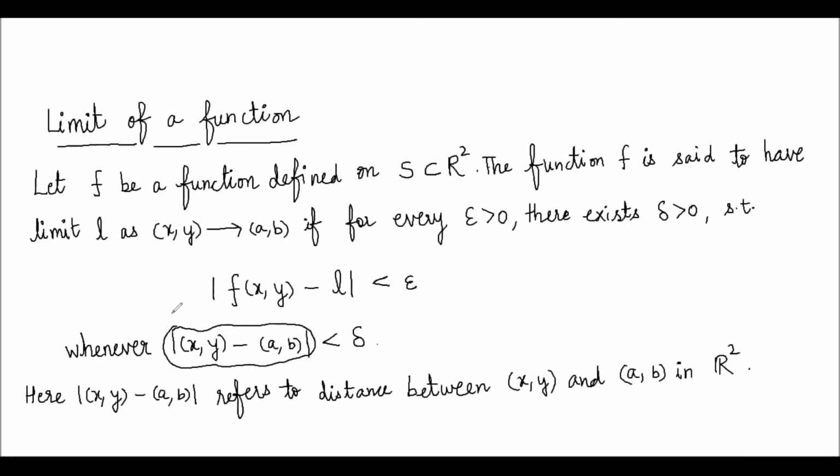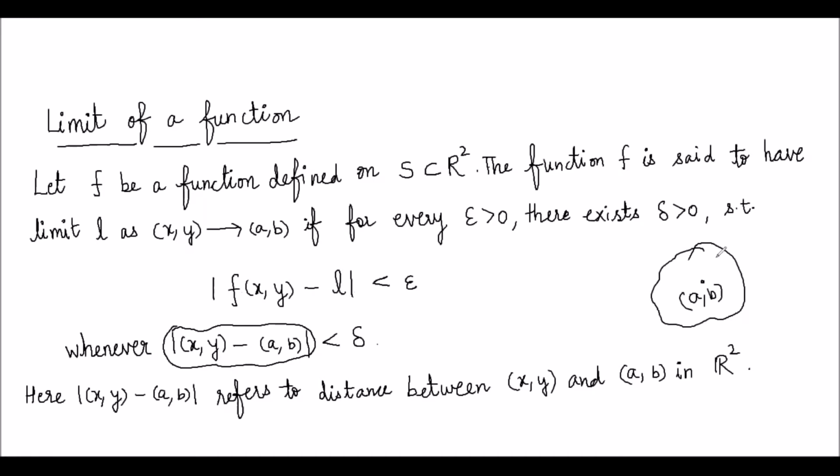So actually what we are saying in this epsilon delta definition is that for this point we have some neighborhood. With the help of this delta, we are defining a neighborhood of the point (a, b). When we consider the values of the function in the neighborhood of this point, the difference between the value of the function, f(x, y), and the limit L is less than epsilon.